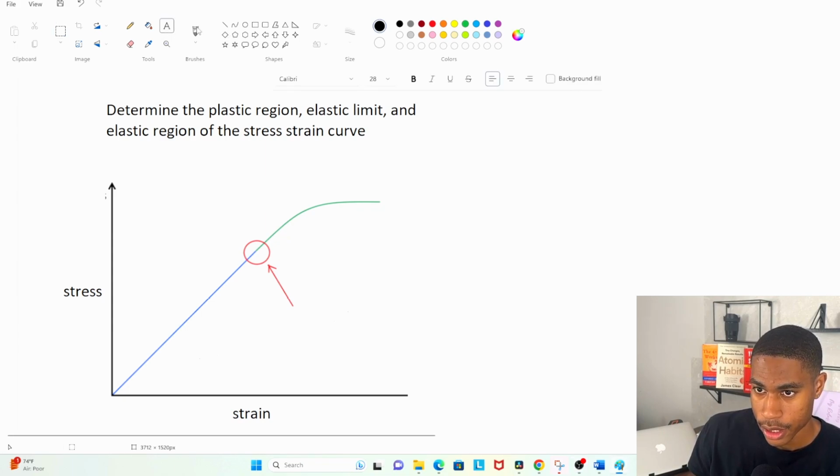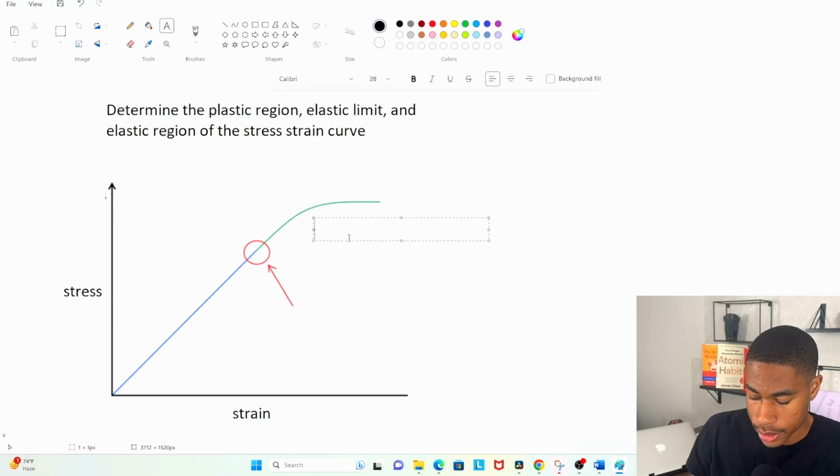Well, I can tell you right now, this is going to be your plastic region, the green, and we'll do some nice color coding today. Plastic region.